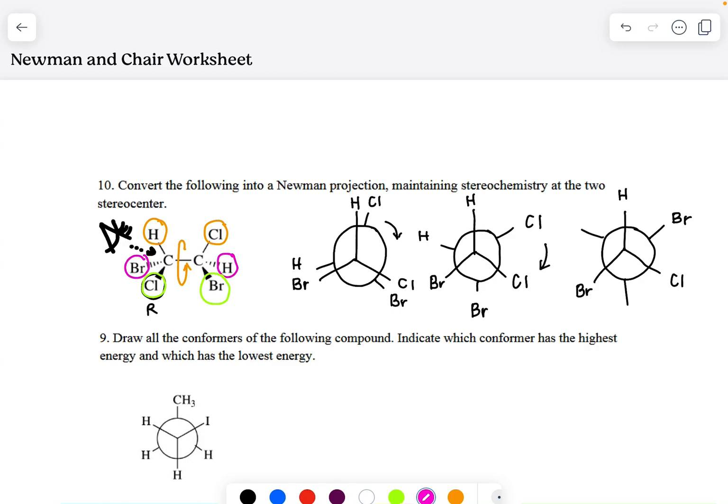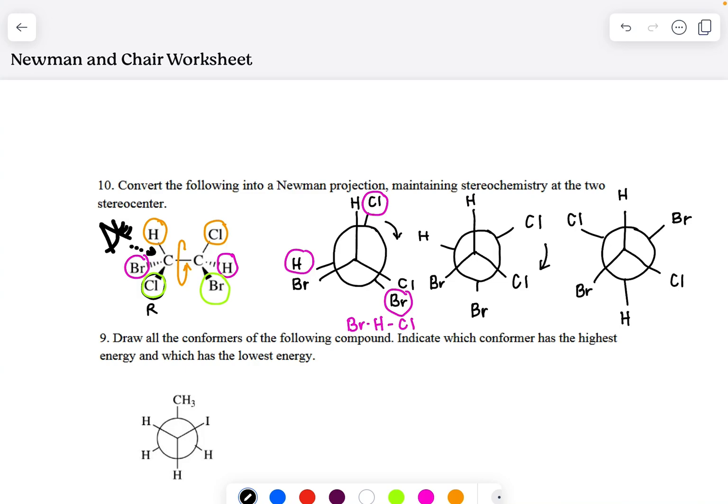So if I'm looking at my back atoms right now, I want to make sure that it goes in a clockwise fashion: bromine, hydrogen, chlorine. And I drew my bromine where I'd want it, so then I have to draw in my bromine, then going clockwise, hydrogen, and then chlorine.